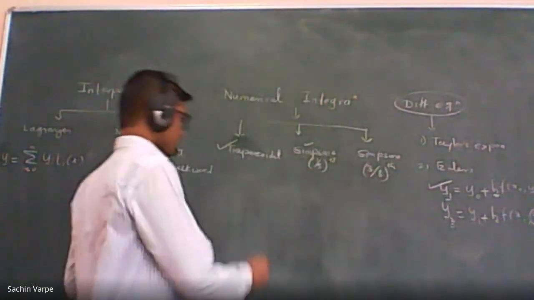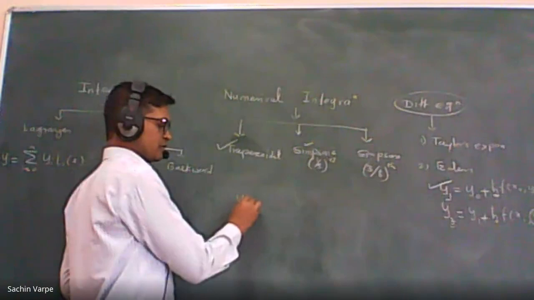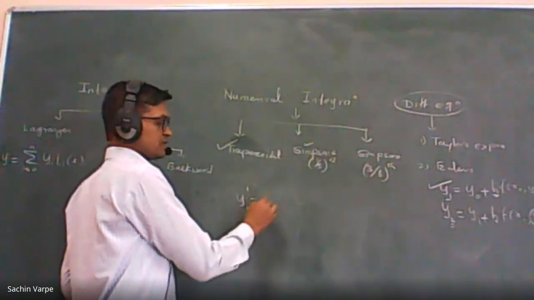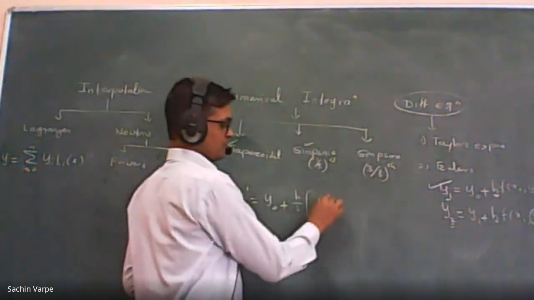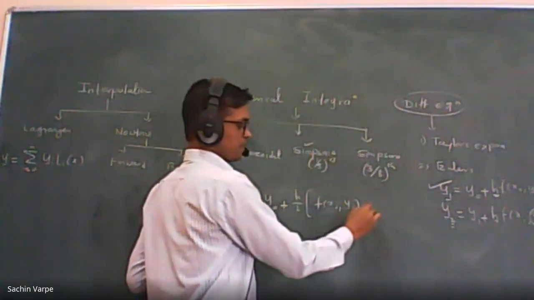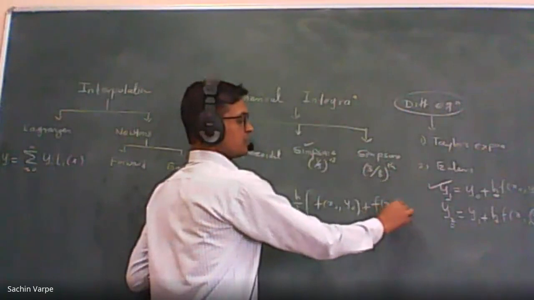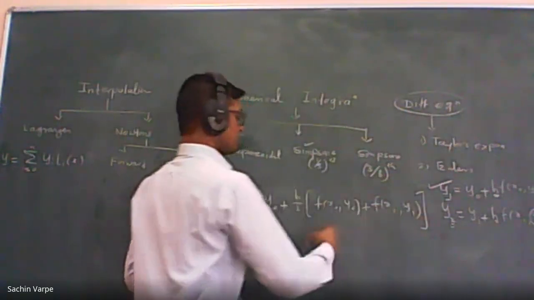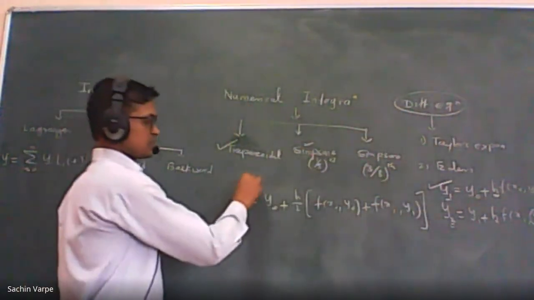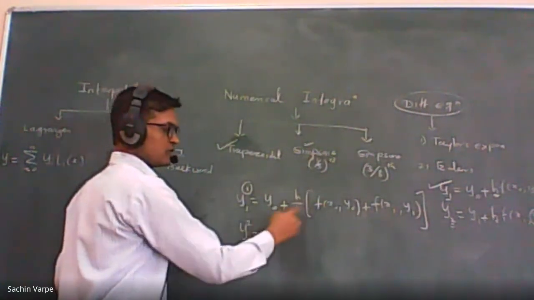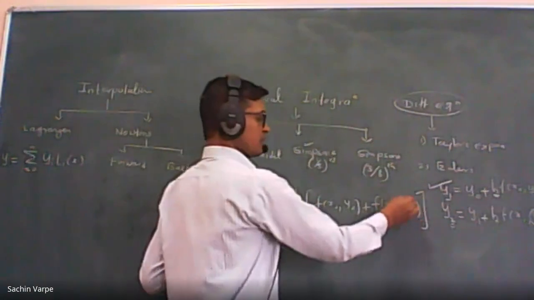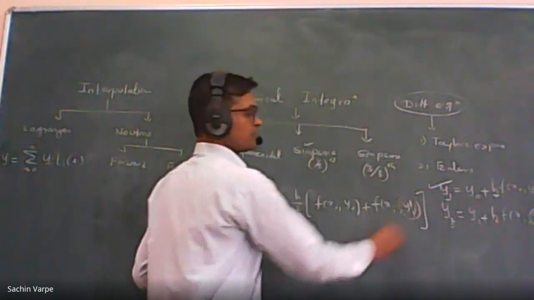So the first modified formula for y1 will be y1 prime, and that is y naught plus h by 2 times f of x naught, y naught plus f of x1, y1, right? This is the first modification. Then the second modification will be, all the things are same, only y1 will be replaced by y1 prime, isn't it?